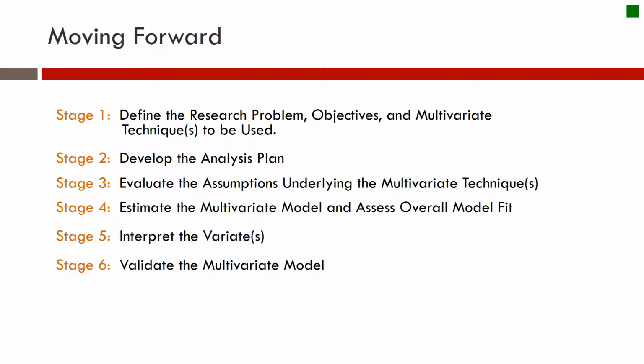So if I create, for instance, a regression formula that has 5 or 6 variables in it, that regression formula is the variate. And then we want to measure for fit, making sure that the results we're gathering seem valid and reliable, and that the integrity of our results is sufficient for the decisions that we're going to make.